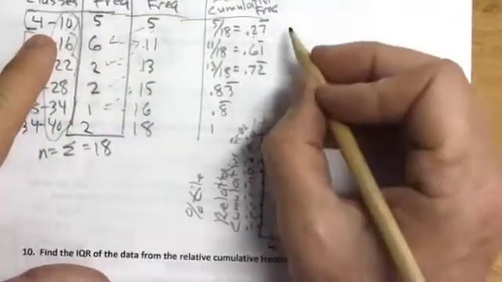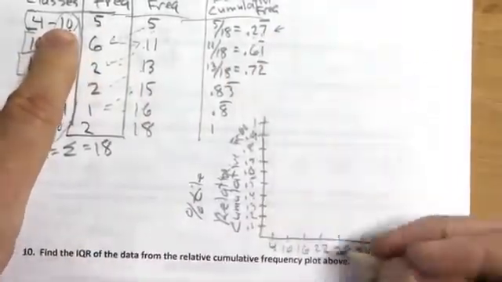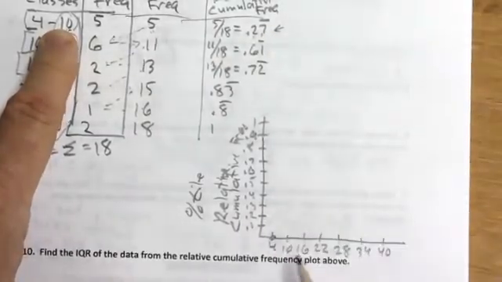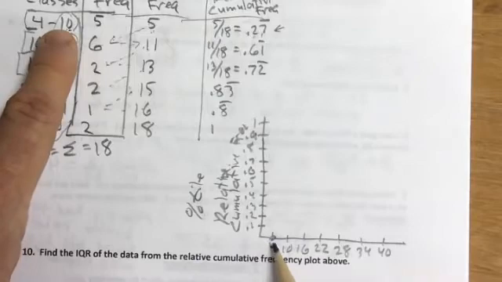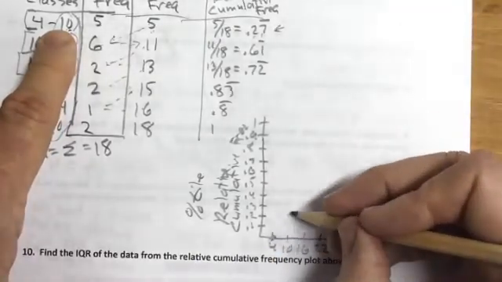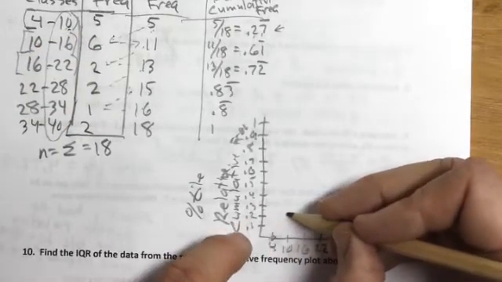You're going to graph this number. So your ordered pairs are this and this. So at 10, we start out at 0 on 4. That's just saying there's no numbers that occur before 4. And then at 10, there's going to be 0.27 repeating, so I'll just put a dot there.